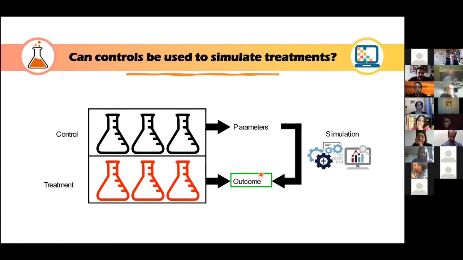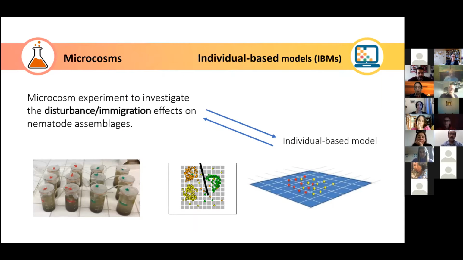Can I predict treatments using parameters obtained from an experimental control group? This was our question for this work. To answer it, we designed a microcosm experiment which guided the calibration of an individual-based model that I will explain later.